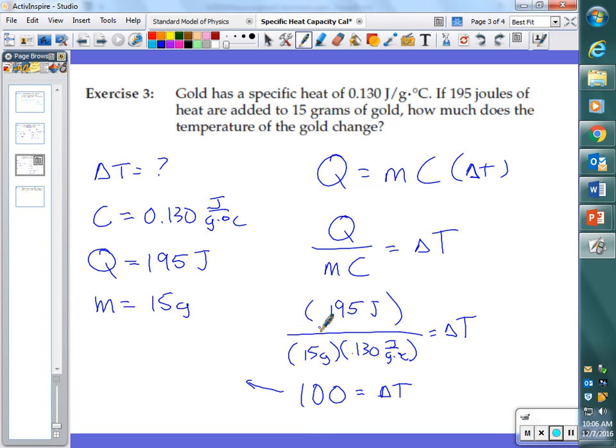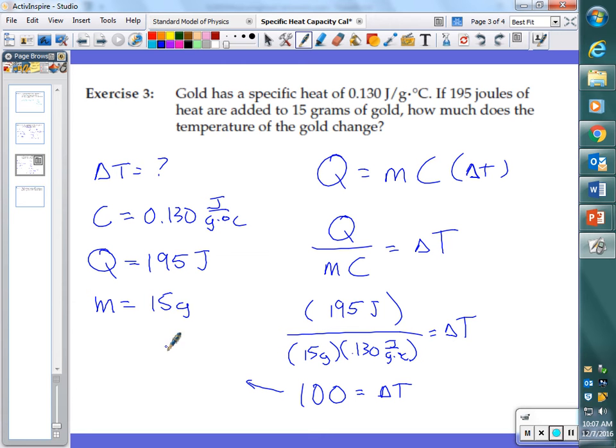Do you remember what scientific notation is? Remember that anything that we write in scientific notation is significant. How many places are we going to move the decimal to turn 100 into scientific notation? You're going to move it 2 places.